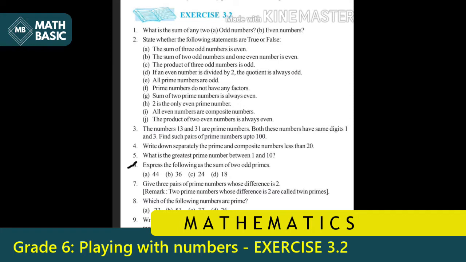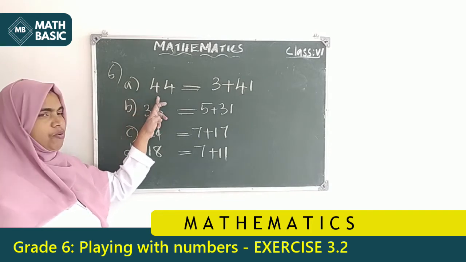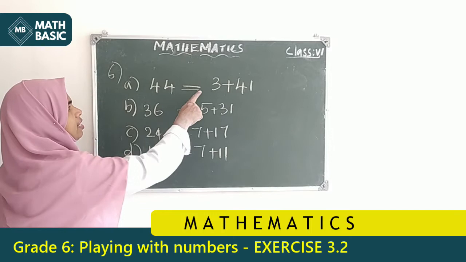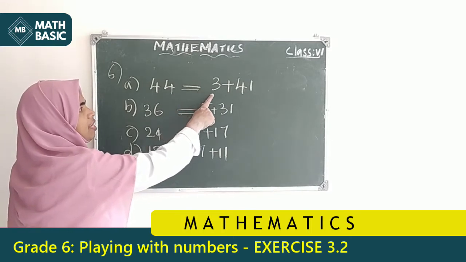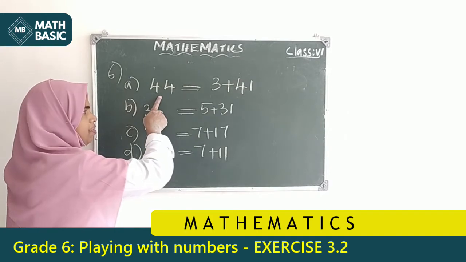Question number 6. Express the following as the sum of two odd primes: A. 44, B. 36, C. 24, D. 18. Express 44 as the sum of two odd primes: 3 plus 41 is 44.